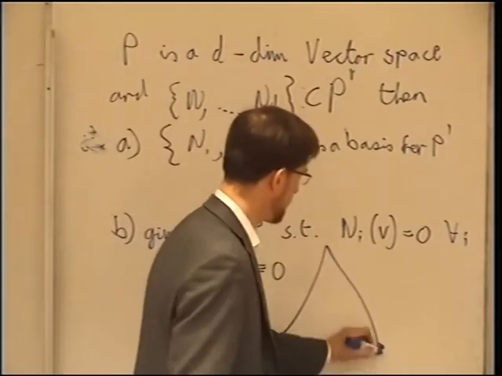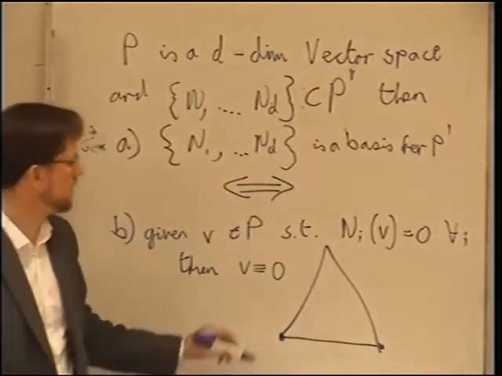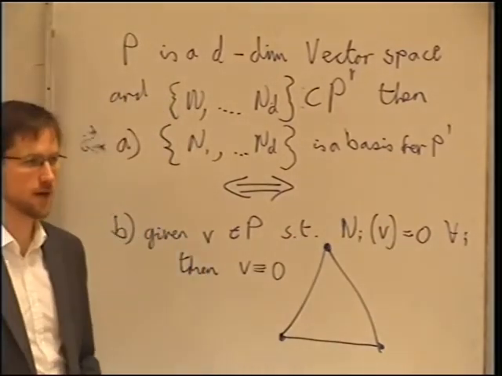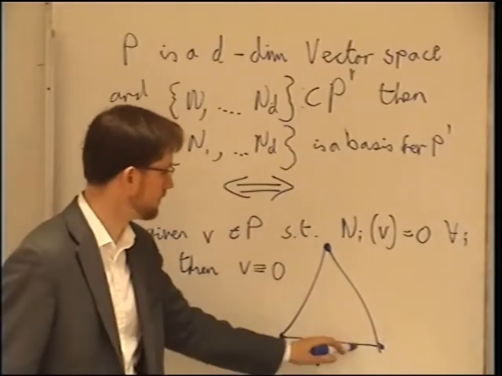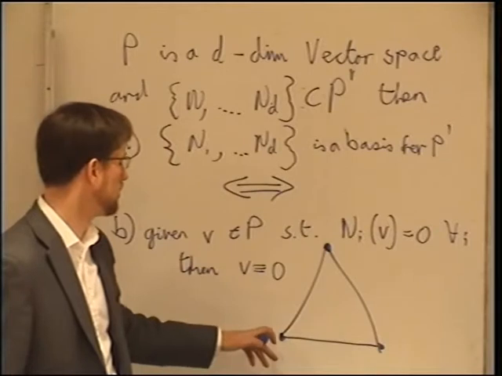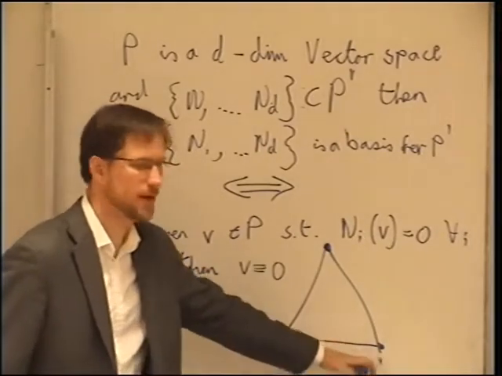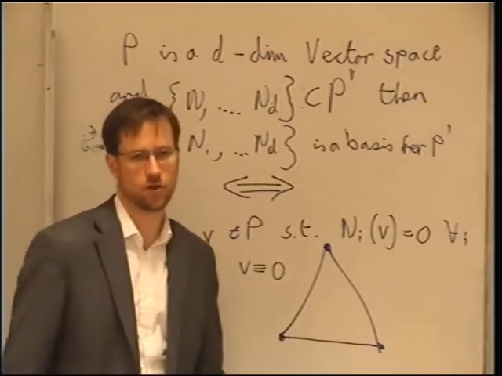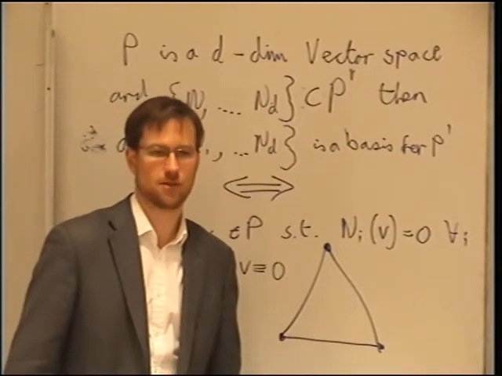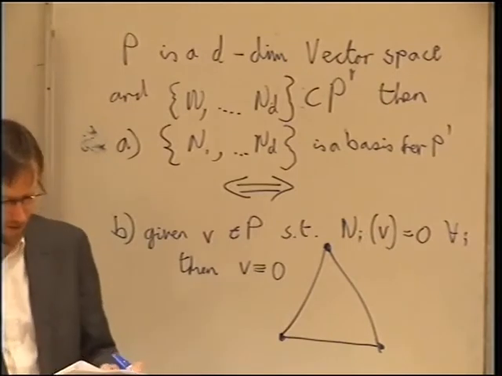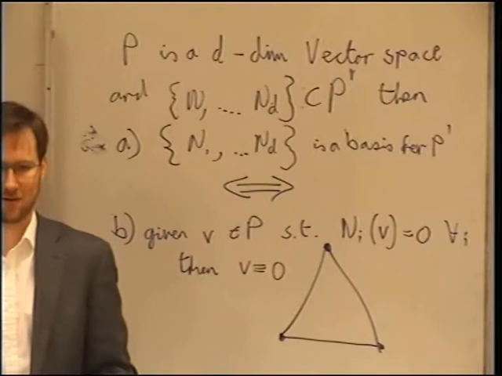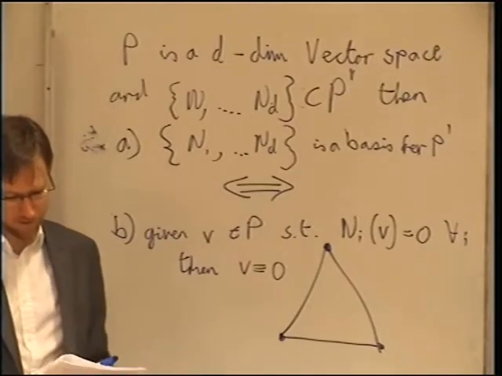So if I'm in a triangle, now the typical nodes for the linear space are these three. And I peg down here, and I peg down here, and I peg down here, and all linear functions that obey that are the zero function. So that's what tells you that your set of nodes is sufficient to completely nail down the space.